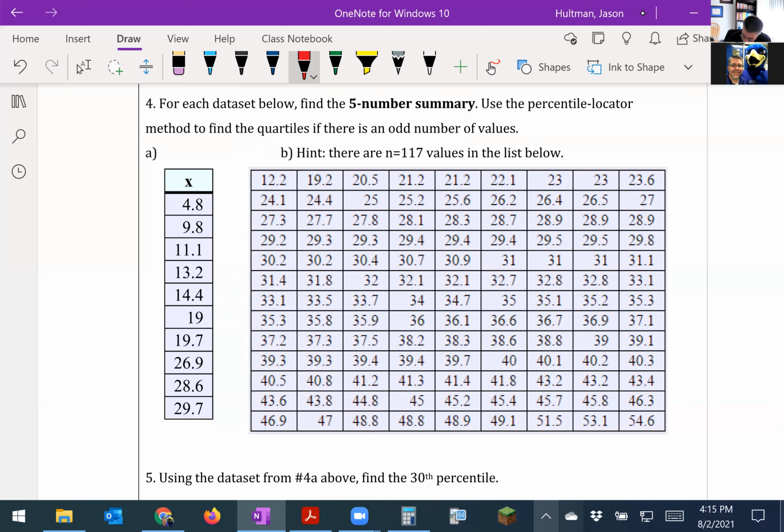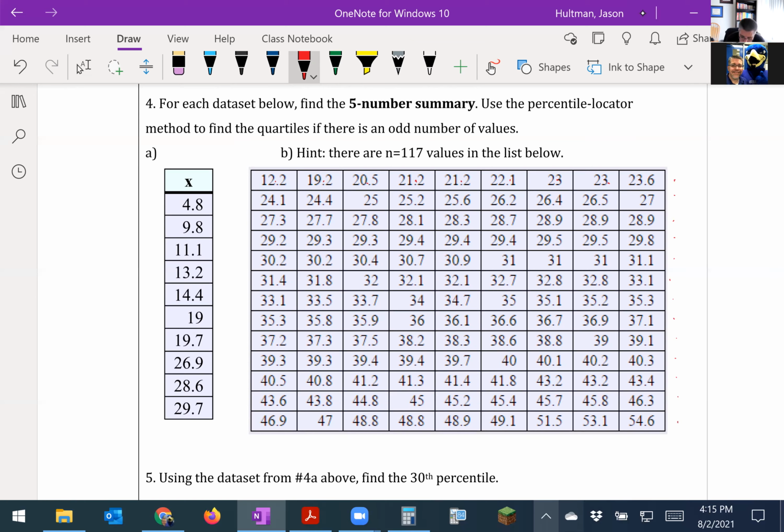Oh, I think these are 100 and, let me count. 1, 2, 3, 4, 5, 6, 7, 8, 9, right? And then 1, 2, 3, 4, 5, 6, 7, 8, 9, 10, 11, 12, 13. There are 117, 9 by 13. Is that true? 9 times 13 is 117, yeah.